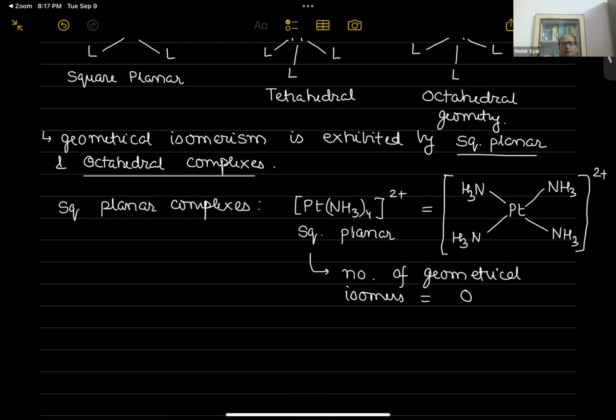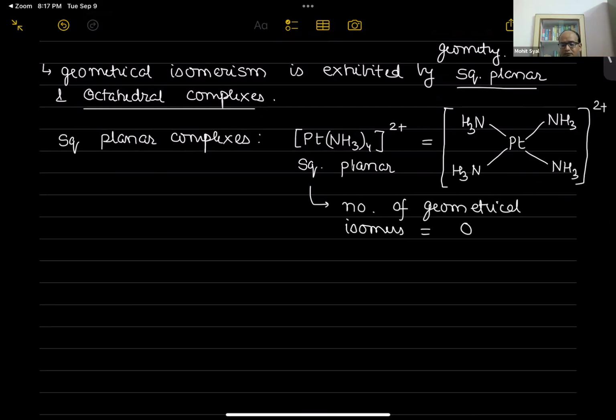That is a very important part. The next thing is, suppose I change one of the ligands and take one ligand different from the other three. So let's look at what we have. Platinum is +2, Cl is -1. So the total charge is going to be +1. So you can see here how it is going to look.